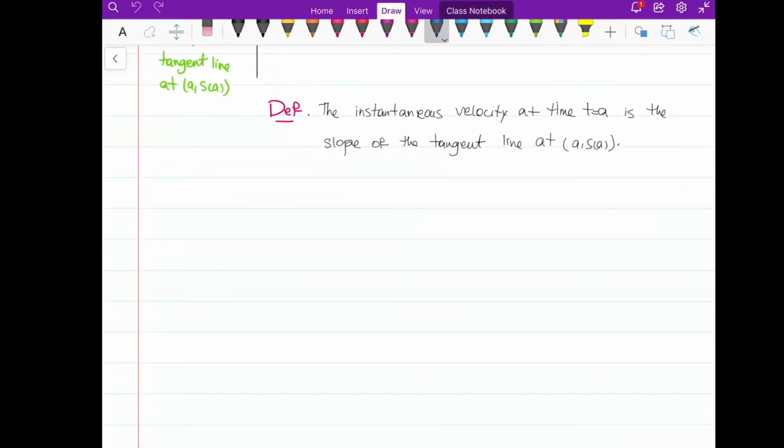I have a problem now, which is that we only know the point a and s of a, and we know that this is on the tangent line.